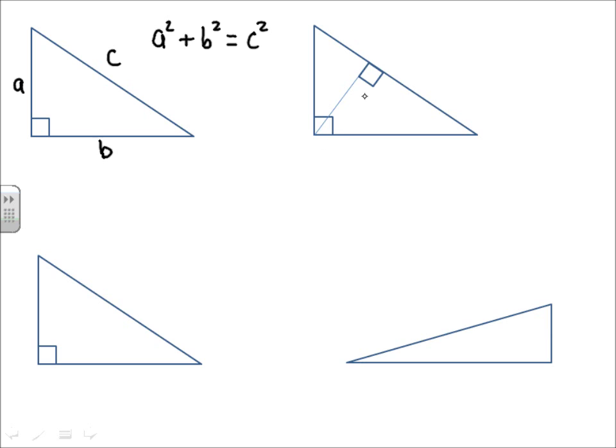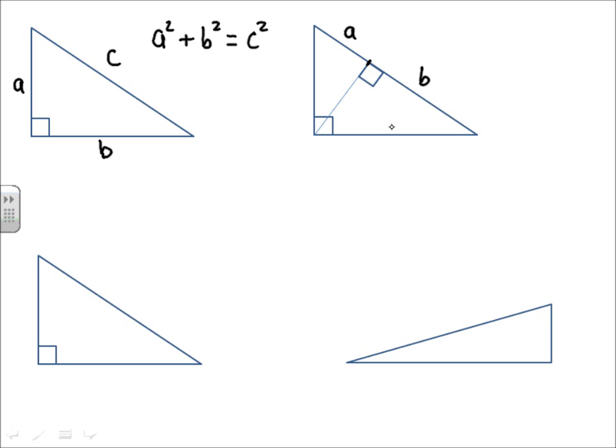It divides the hypotenuse into two different segments. For convenience sake, I'm going to call this segment A and this segment B. If I add these two up, I will get the length of the full hypotenuse, but this altitude is cutting the full hypotenuse into two pieces.